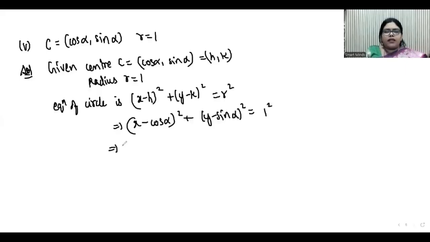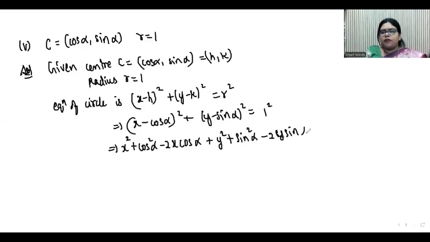Now open the brackets. x square plus cos square alpha minus 2x cos alpha plus y square plus sin square alpha minus 2y sin alpha is equal to 1. Now see, cos square alpha plus sin square alpha is 1, right?